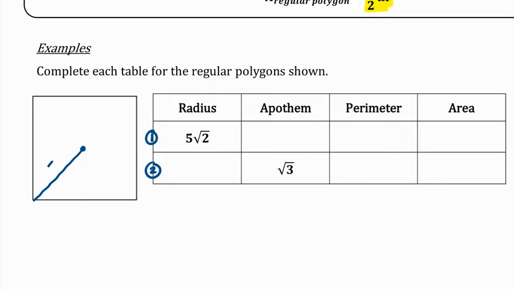So this is 5 radical 2. We want to find the apothem, the perimeter, and the area, right? If I draw in my apothem, I would go from the center perpendicular to a side, and it cuts that side in half. And look what lovely shape we have made again and again and again. Right triangles! They never go away, right?